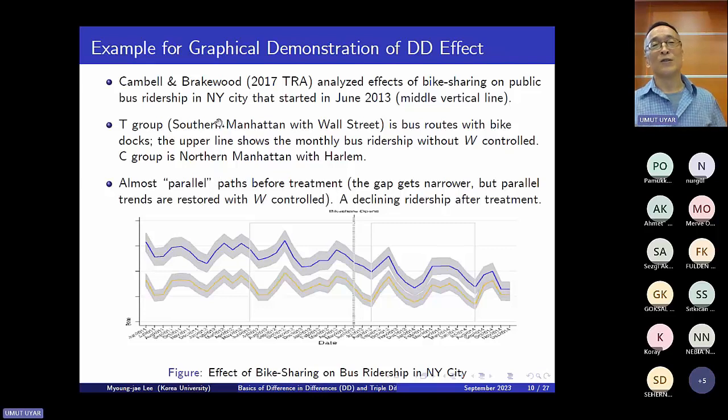And you want to know whether the introduction of those things affects bus ridership in cities. So New York City introduced those bikes in June 2013. That's this vertical line. This was done in southern Manhattan, which includes Wall Street. So southern Manhattan is the treatment group. And the control group is northern Manhattan, which includes Harlem.